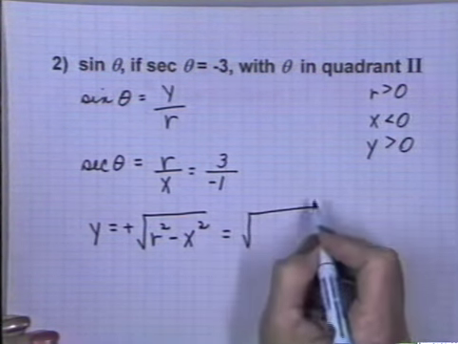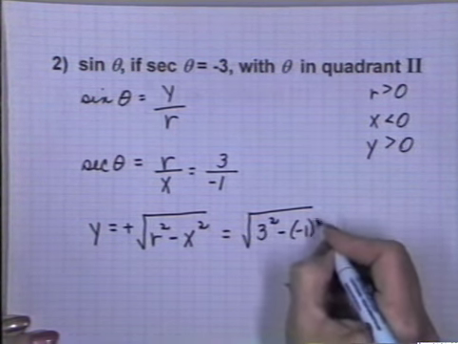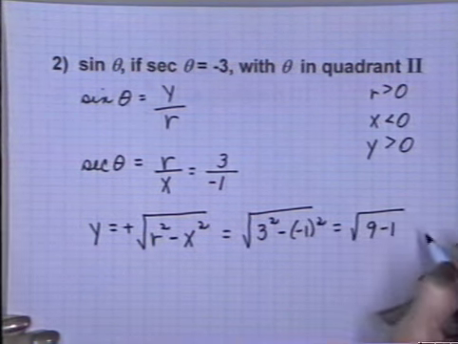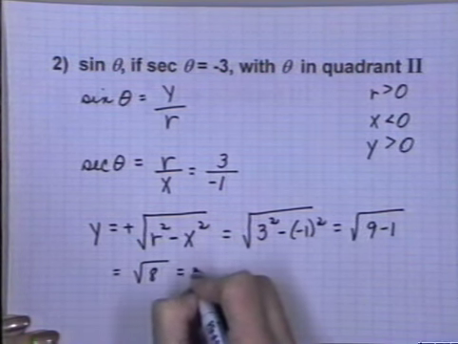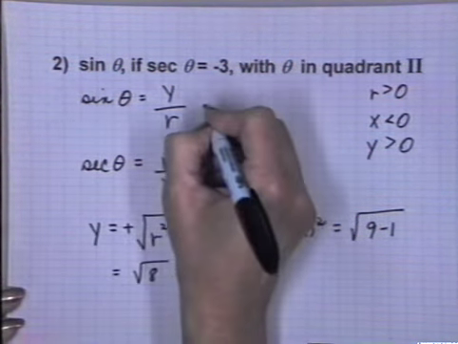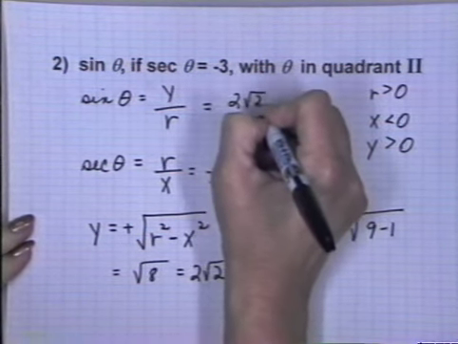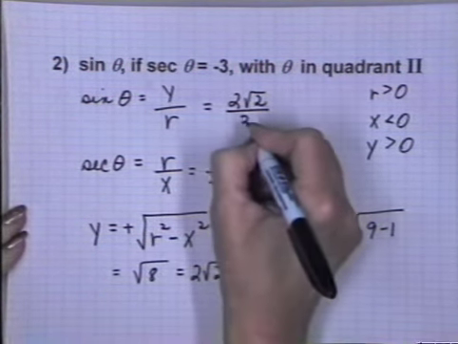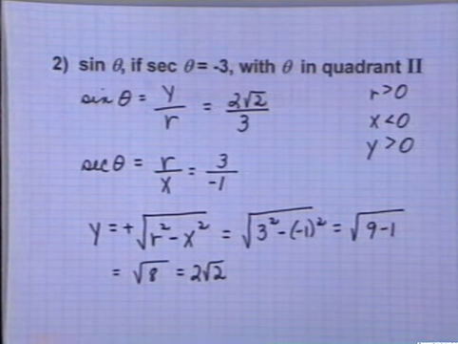So my y would equal the square root of 3 squared minus -1 squared, which would be 9 minus 1, which would be the square root of 8, which is 2 times the square root of 2. So my y equals 2 times the square root of 2, and my r in this case is 3. So that would be my sine of theta.